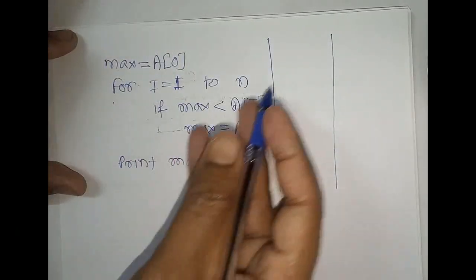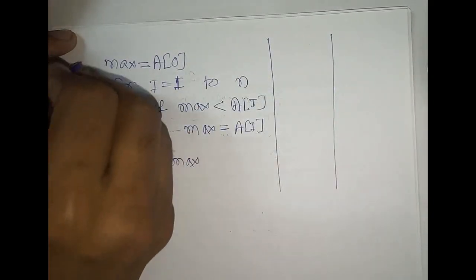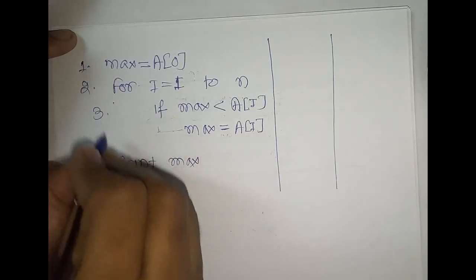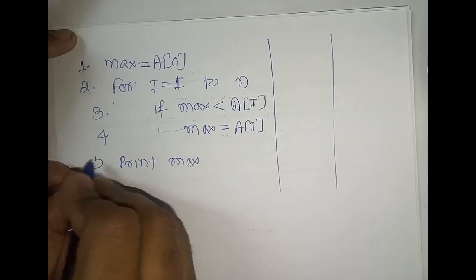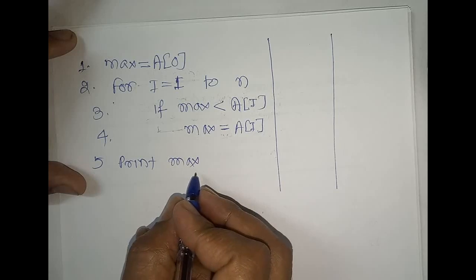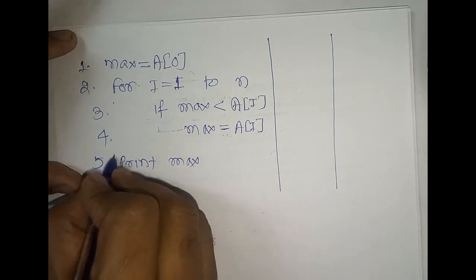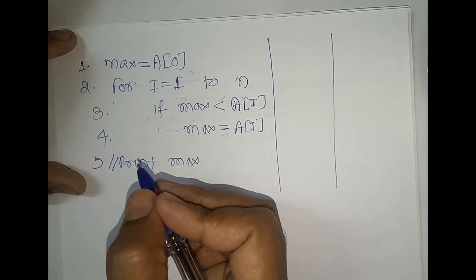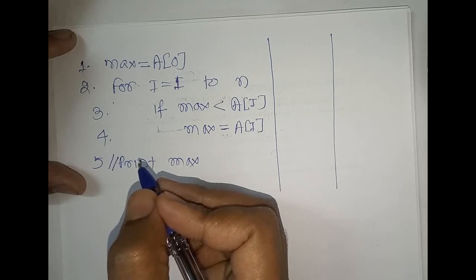And before writing the cost here, we will give a line number to each step: 1, 2, 3, 4 and 5. There are 5 steps here, and this print statement we will comment out here, because we do not consider input and output statements while calculating the running time of an algorithm, as input is dependent on the user and output devices are much slower than the CPU.